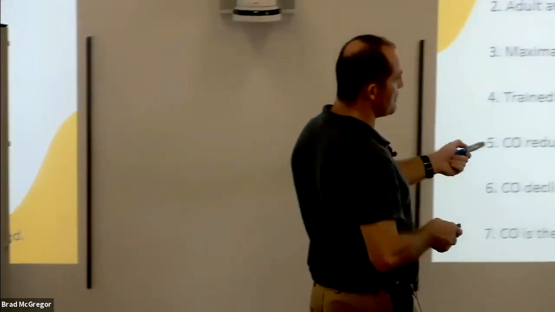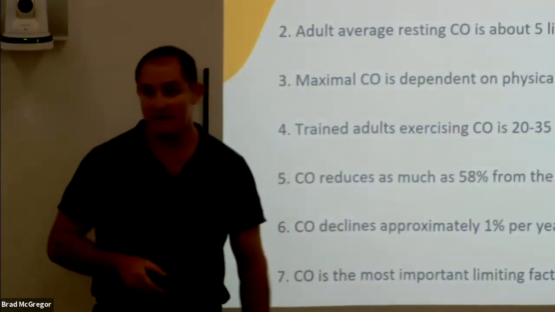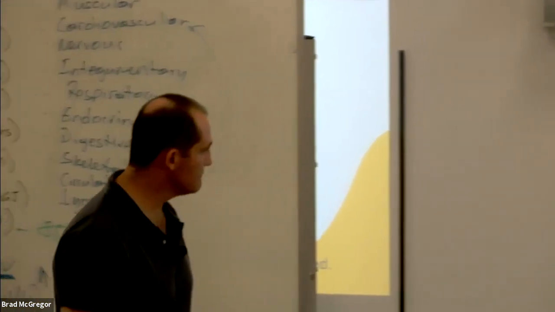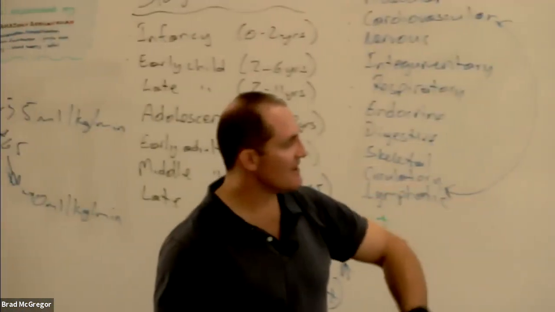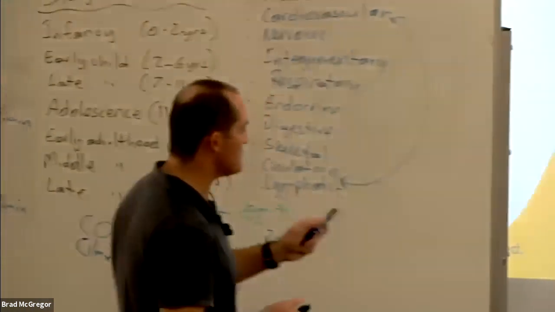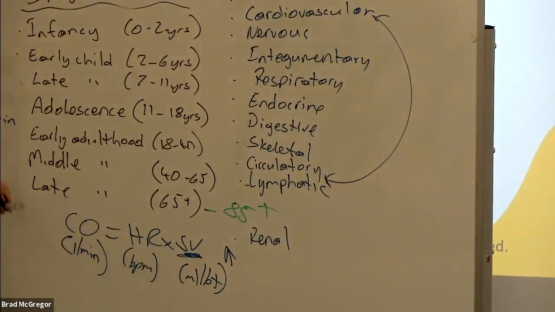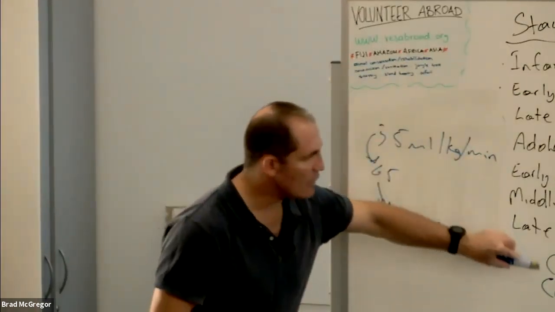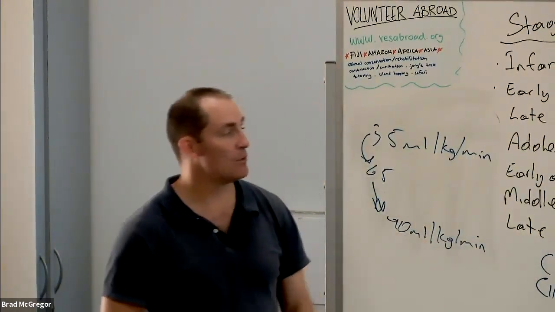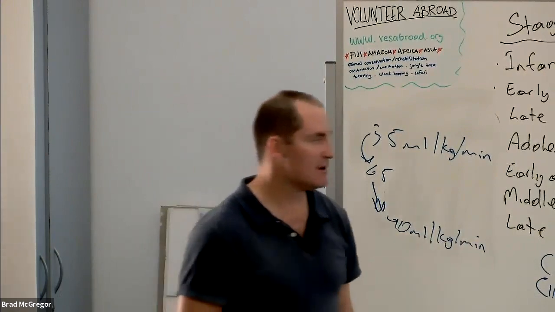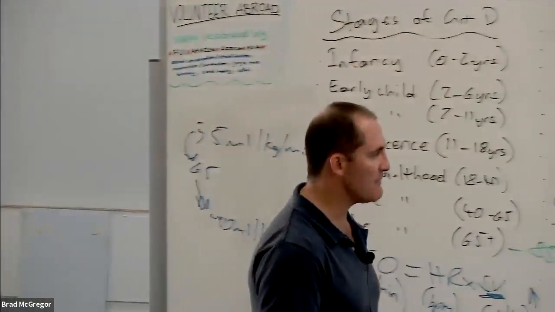The exercising output can crank up to 20 to 35 litres per minute. And it can reduce by as much as 58% from the ages of 25 to 85. So obviously we're talking about from early adulthood into late adulthood, we can see a significant drop, usually about 1% per year after 25.